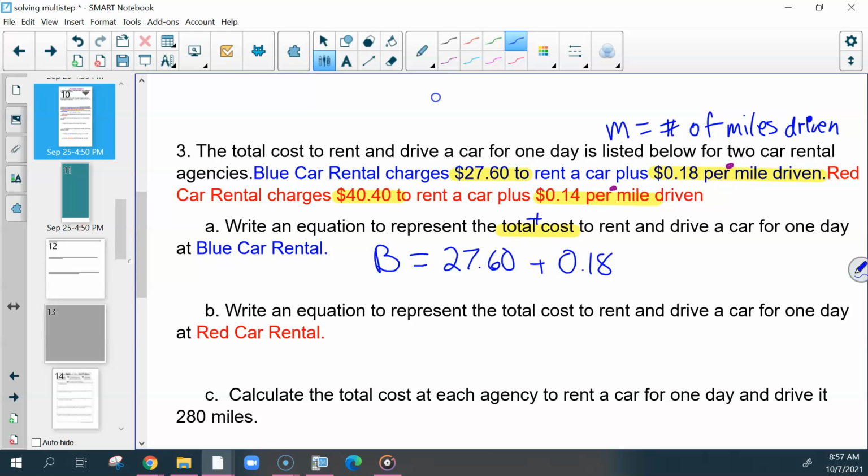When we define our variable, it has to be very specific. It's usually talking about a number of, or the cost of, whatever. Now that we know what M represents, we could say 0.18M.